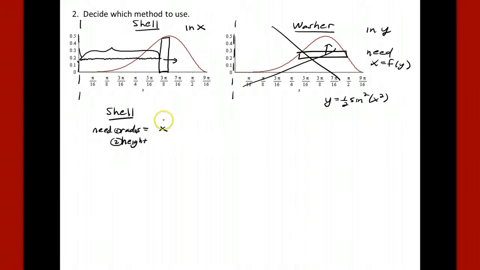And that's called x. Now the height is just how tall the rectangle is. And that's the function, 1/2 of the sine squared of x squared. Now the formula for volume when you're doing shell will be 2 pi times the integral from a to b of the radius times the height.